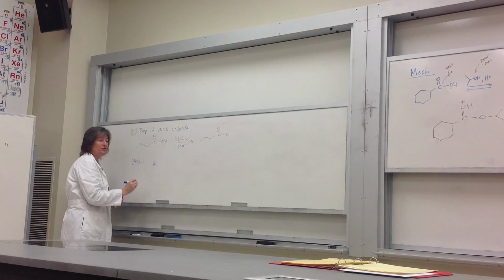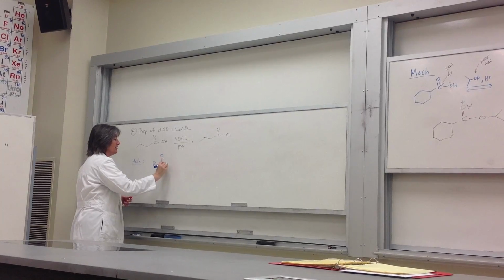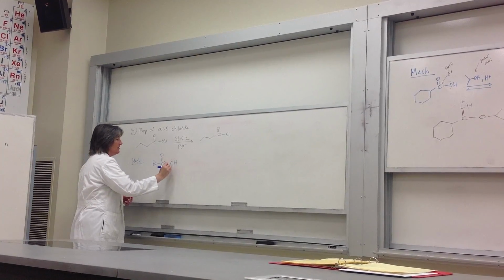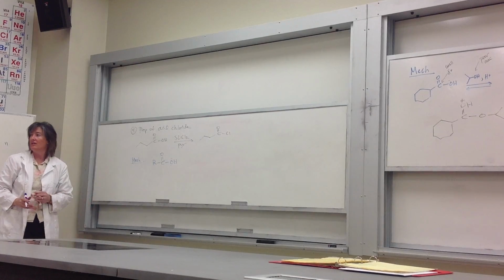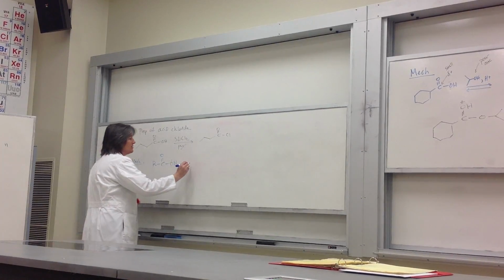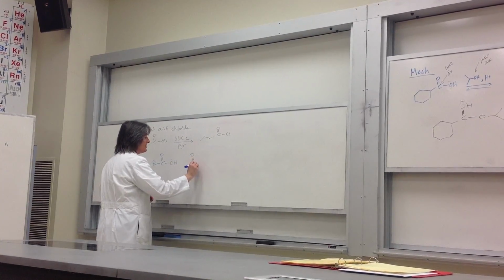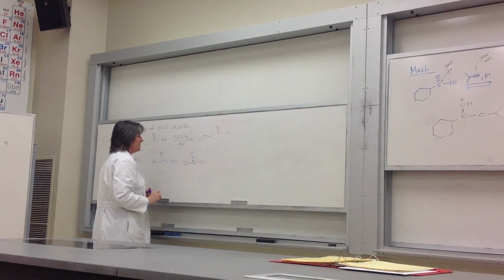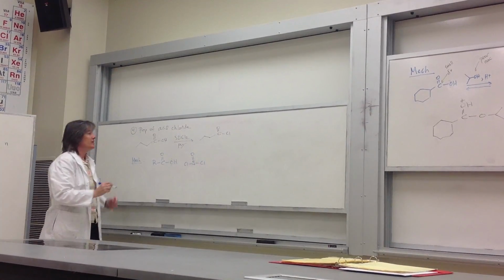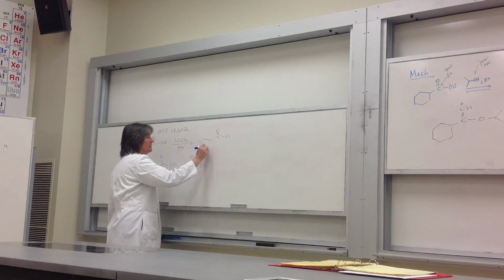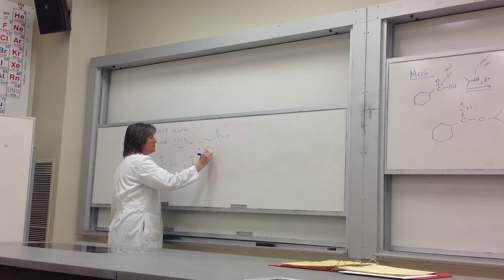And we'll do an R group, keep it easy on us. So there's your carboxylic acid. Thionyl chloride looks like this. Pyridine looks like a benzene with a nitrogen in it.